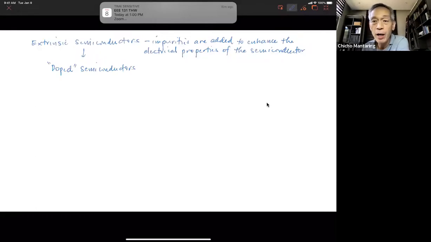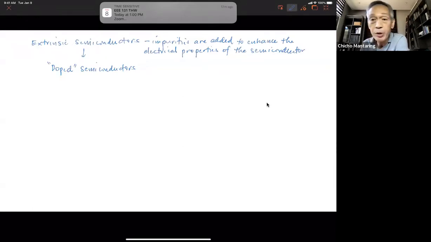And there are various ways of doing this. If you take a look at your notes, the notes published in UVLE, it says there what the different ways of doing this are. You can do this through diffusion, through ion implantation. Those are some of the methods.